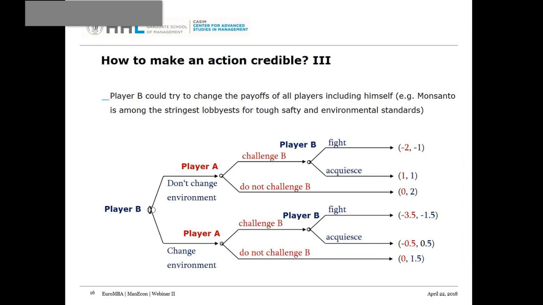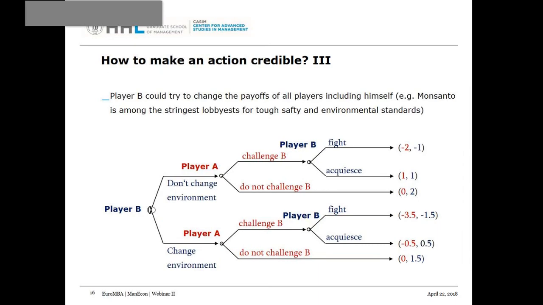This situation could be represented by the following game tree, and you see the payoffs of both players changed, except for the situation in the lower part of the game, if the environment does change and firm A does not challenge B, we stay with 0, because if they don't want to stick to the standards, they don't have to spend money on fulfilling them.